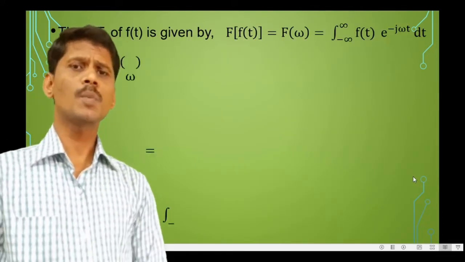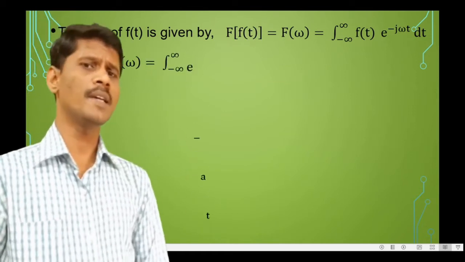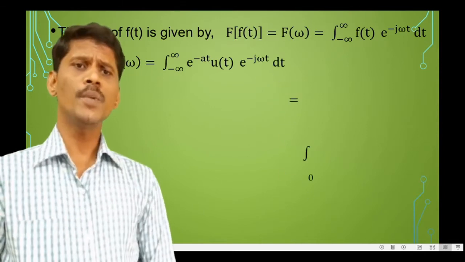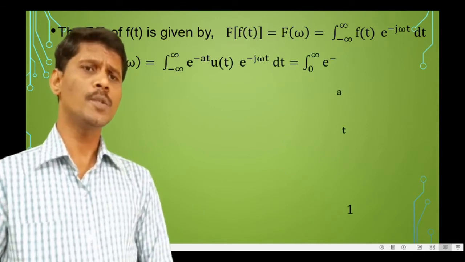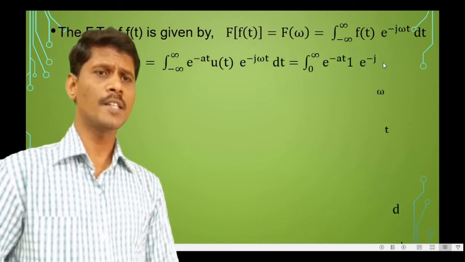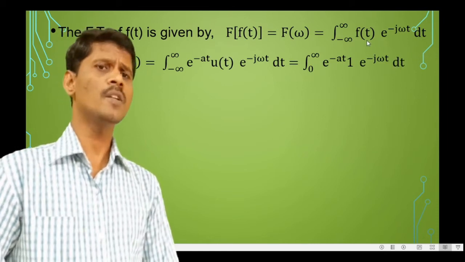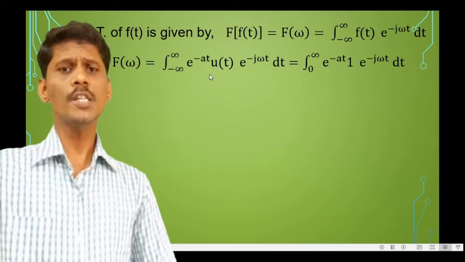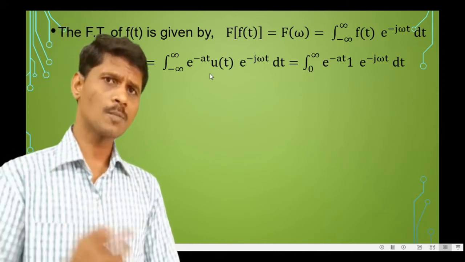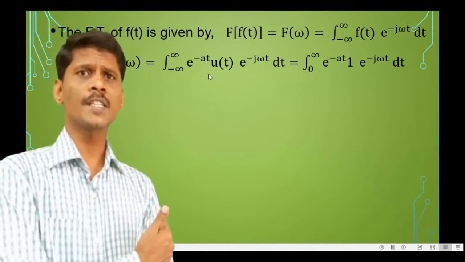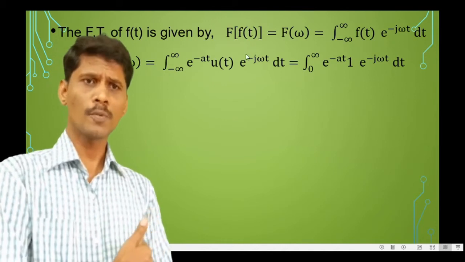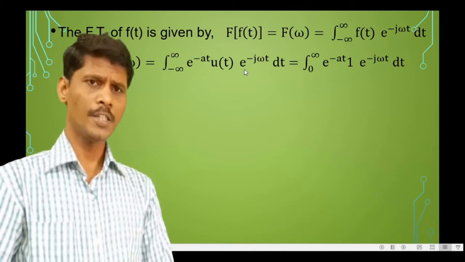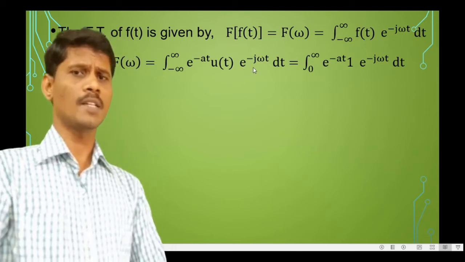The Fourier transform of f of t is given by F of omega equal to the integral from minus infinity to infinity of f of t into e power minus j omega t dt. The function f of t is a single-sided, right-sided exponential signal. Substitute the f of t value: e power minus at u of t into e power minus j omega t dt.